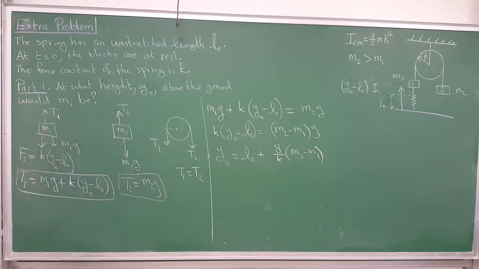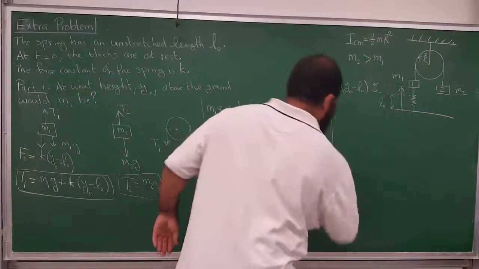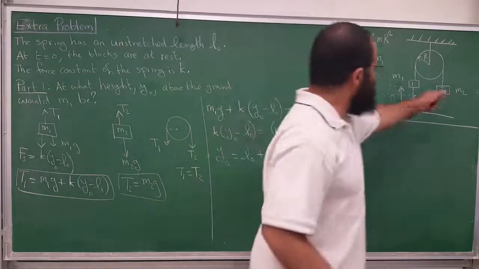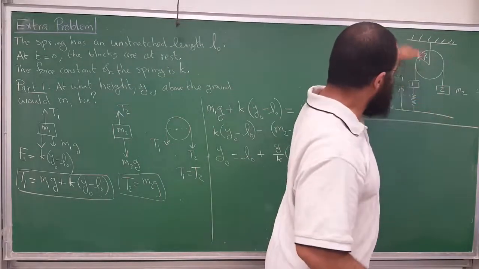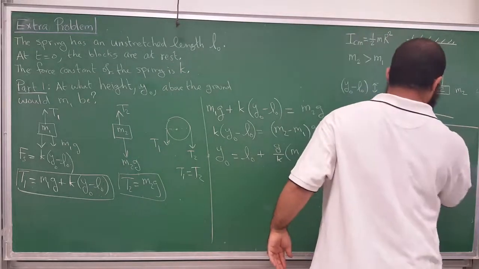We will look now at part 2 of this problem. So we're going to move block 1 with respect to the equilibrium. Let me draw what's going on for part B. For part 2, it's the same problem. We're going to move M2 down a little bit, so this will rise, and then we will let go. So here's what happens.